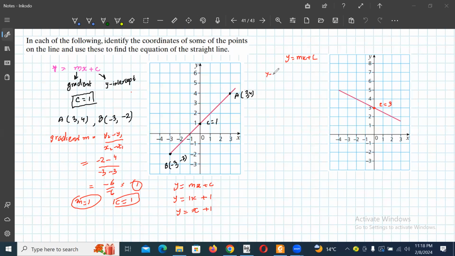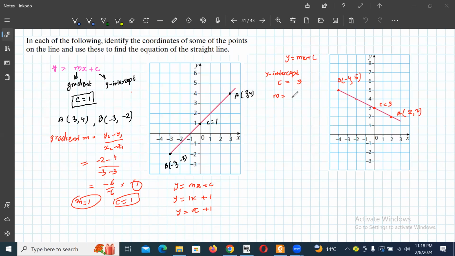So our y-intercept, which is c, is equal to 3, and we are looking for the gradient as well. For the gradient we need to find two points. Let's suppose one point is here, A, it is 2 comma 2, and for the other point we can choose one bigger, which is B, and it is minus 4 and 5.